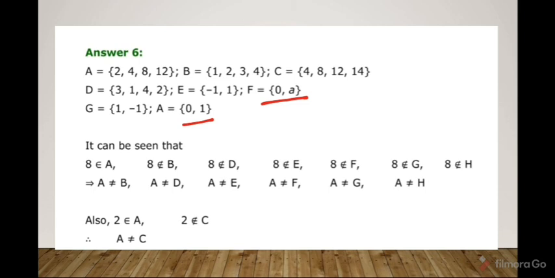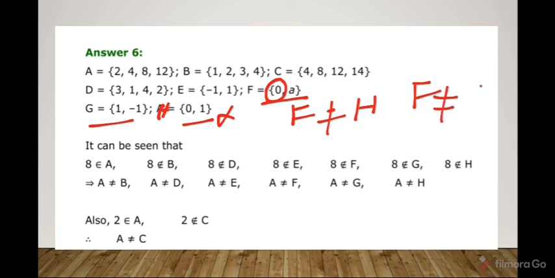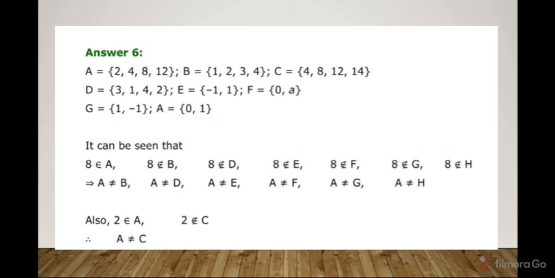F contains 0, but H contains 0 and 1, so F is not equal to H. Similarly, F is not equal to G, because F contains 0 and G does not contain 0. Similarly, F is not equal to E. So you are getting that only E is equal to G.